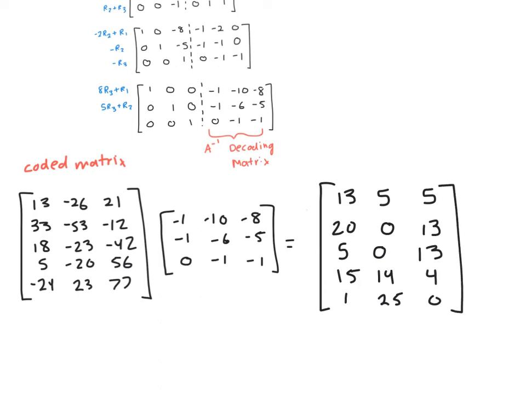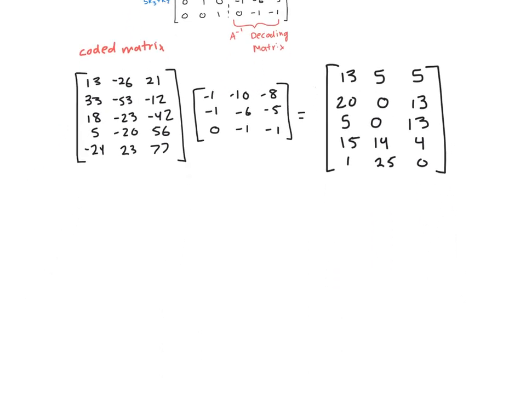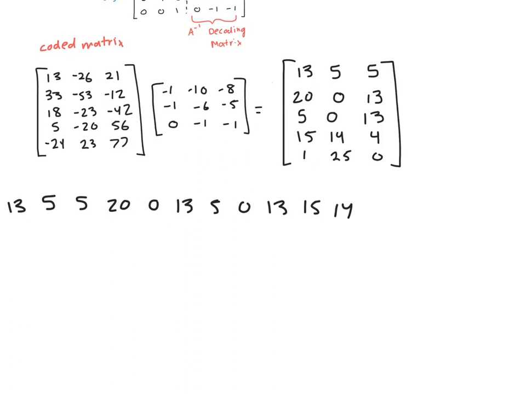Now, if you write these numbers out, so we have 13, 5, 5, 20, they might look a little bit familiar. 0, 13, 5, 0, 13, 15, 14, 4, 1, 25, 0, and you match them with their corresponding letters, you are left with Meet Me Monday.